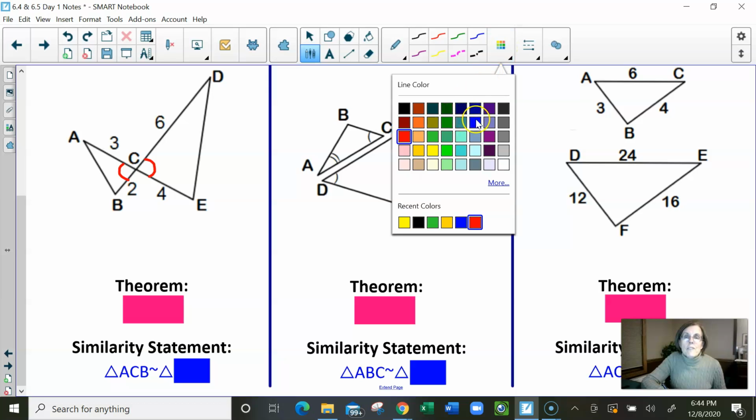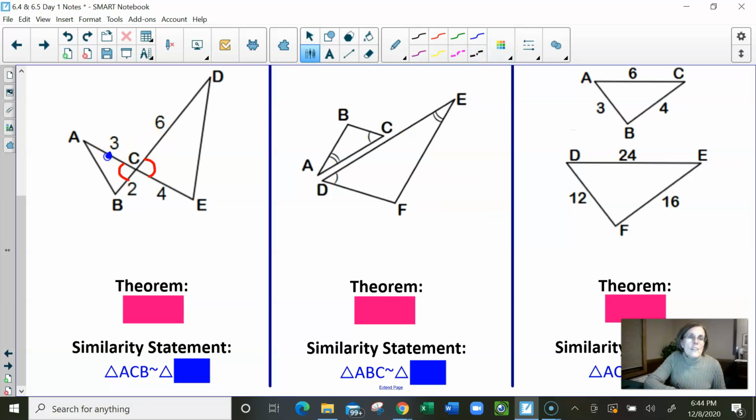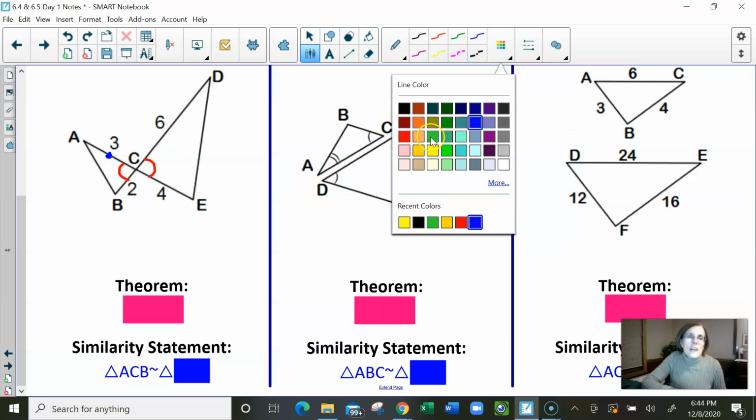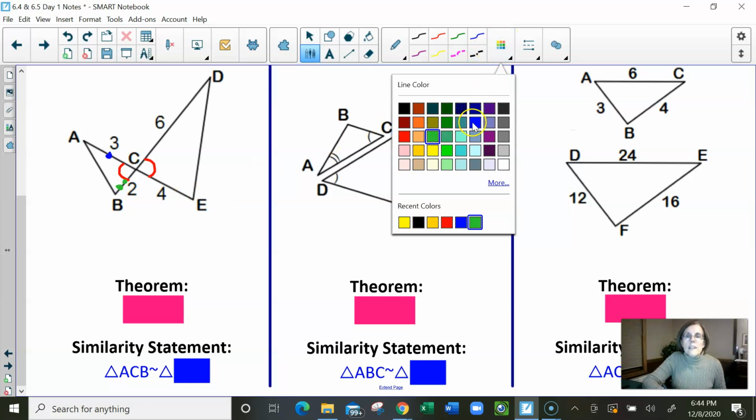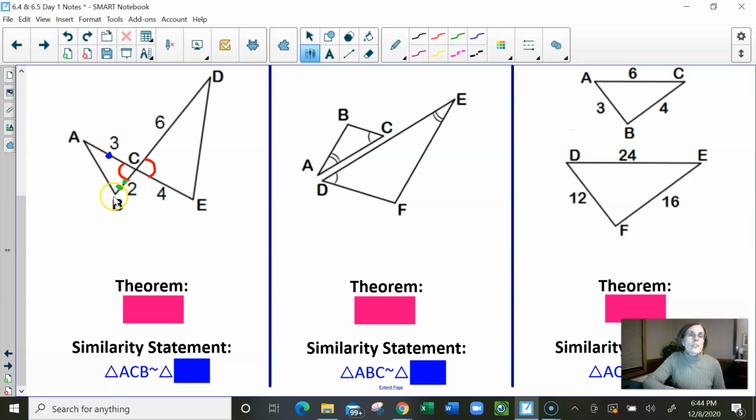So I have two sides, and I want to know which side corresponds to the 3 and which side corresponds to the 2. On my larger triangle, which side is going to correspond to my 3? That will be the 6. Actually, let me write AC is to DC, 3 to 6.